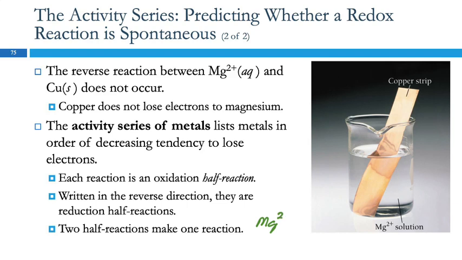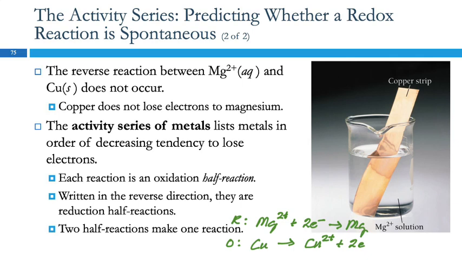So magnesium 2+ plus 2 electrons would give magnesium, and copper will give us copper 2+ plus 2 electrons. Here, the magnesium is gaining electrons. That's the reduction. Here, the copper is losing electrons. This is the oxidation.